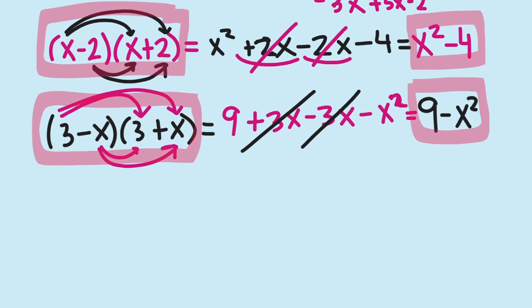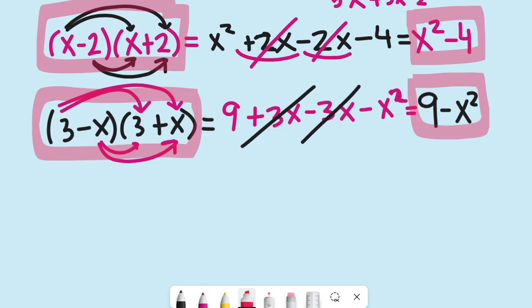Are we slowly getting it? If we have x and 2, then again we get x squared and 2 squared, which is 4. One more time, if we have 3 and x, then we get 9 and x squared, and both are negative, right?